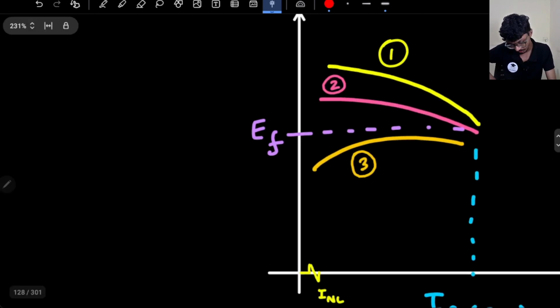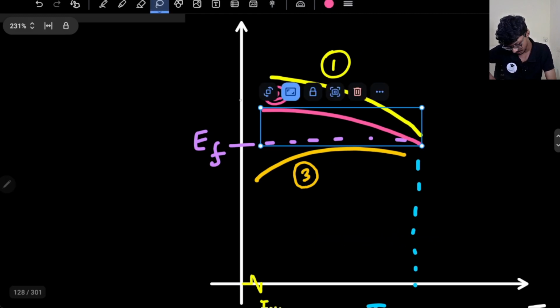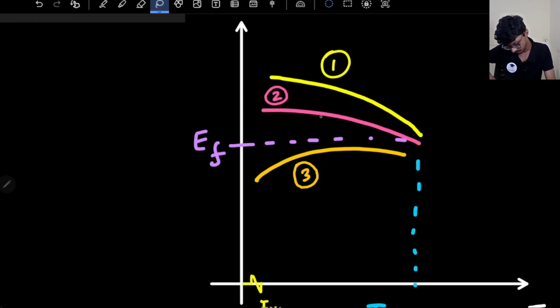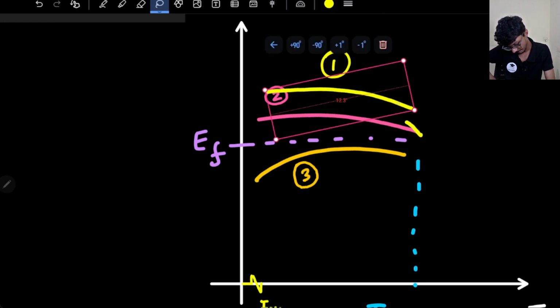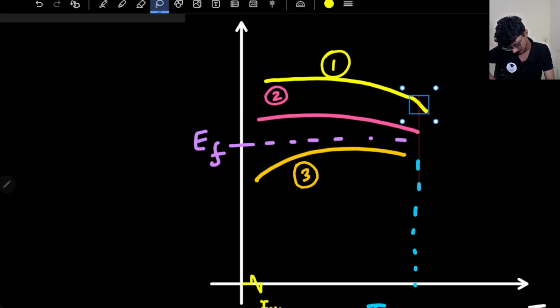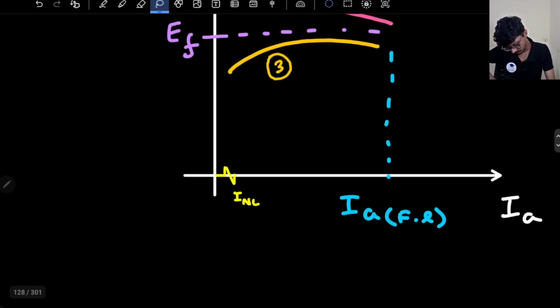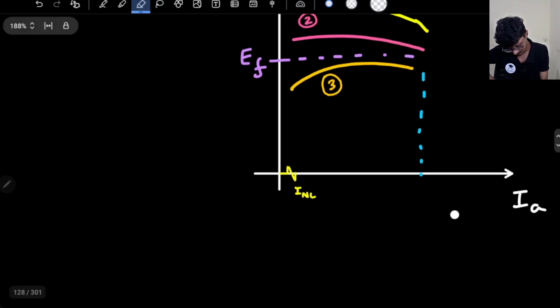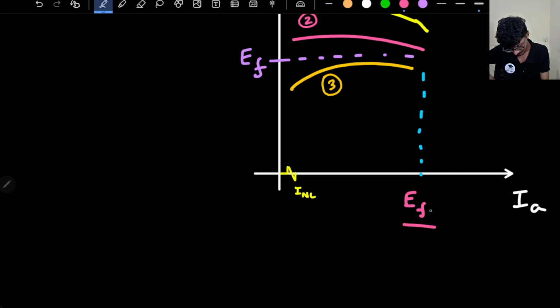So let me mark out one more point over here. Let me mark out this point as the short circuit current, Ef by Xs.